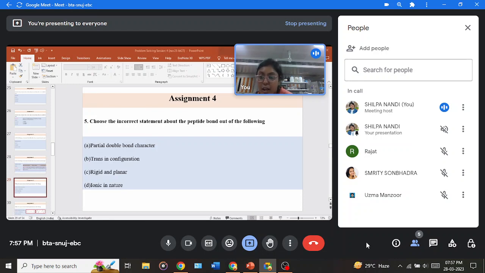And does it have a partial double bond character? Yes, it has a partial double bond character. So we may rule out the first option as it is a correct statement about the peptide bond.